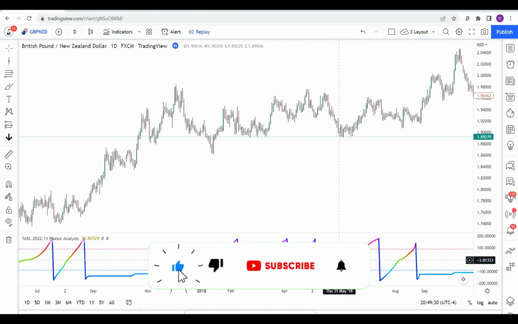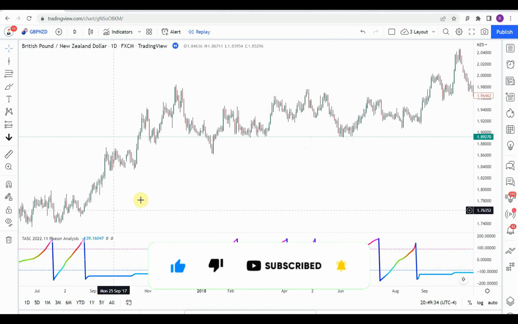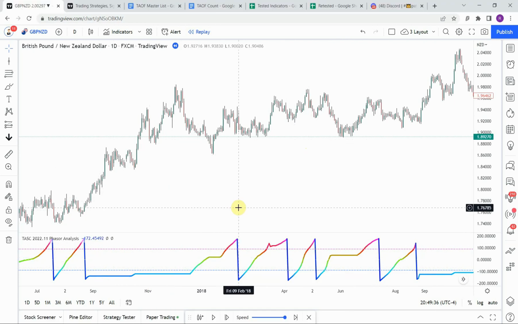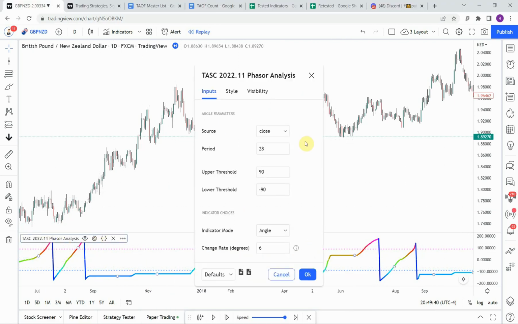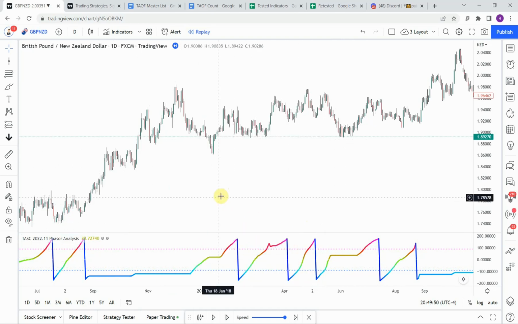We have a zero line running straight down the middle there. And there are a few different settings that you can put this indicator on, or modes, I guess I should say. And so you have an angle mode, you have a period, and you have a state. It comes default on the angle mode like it is here.